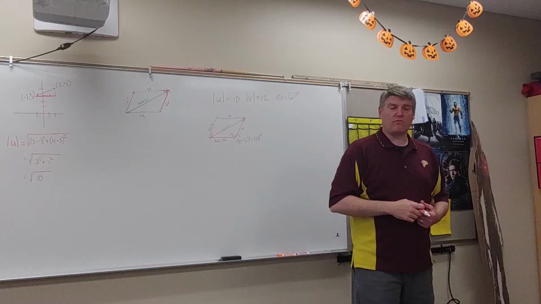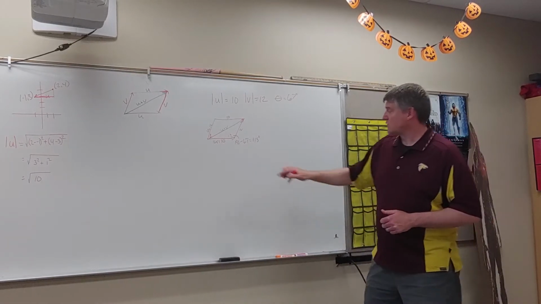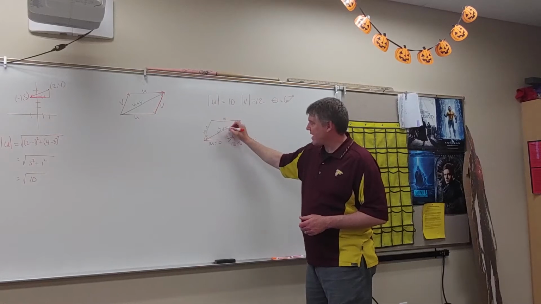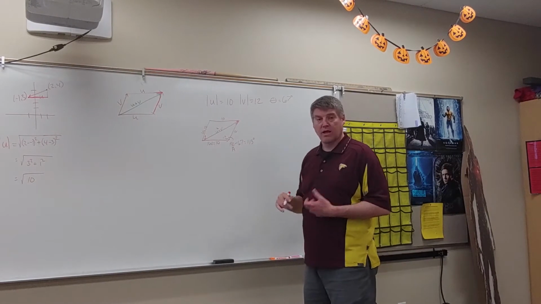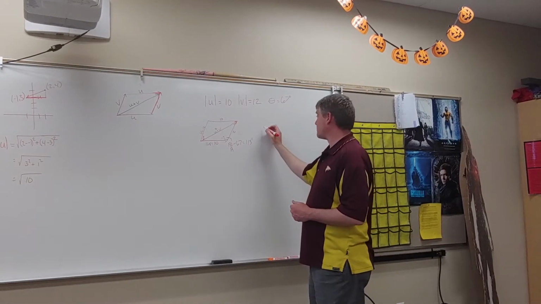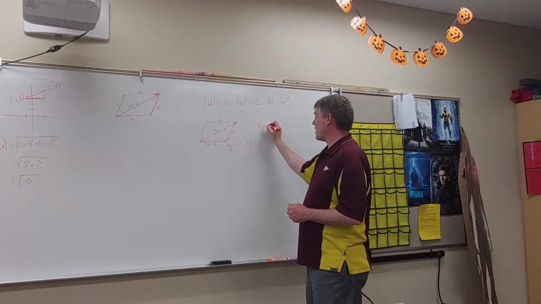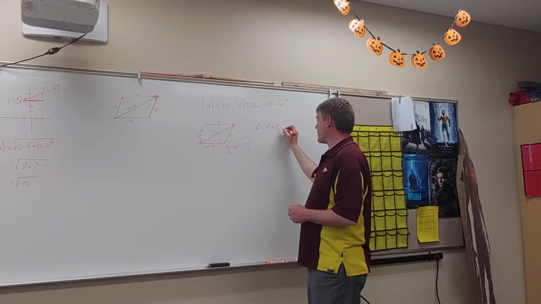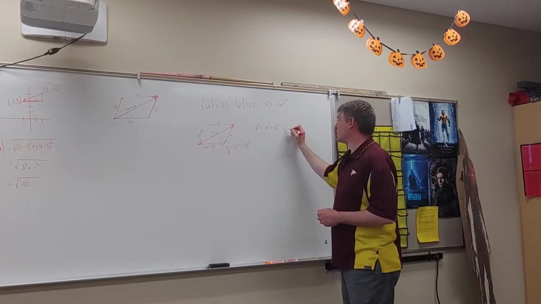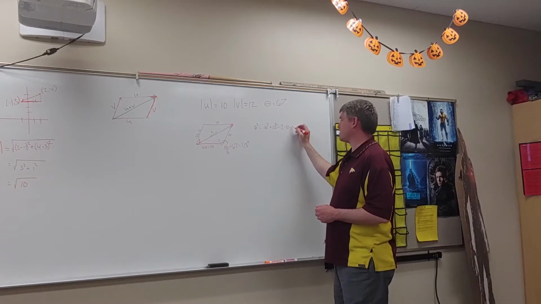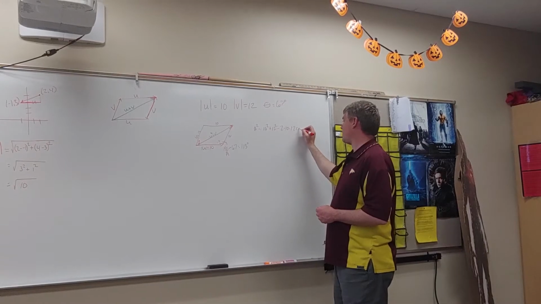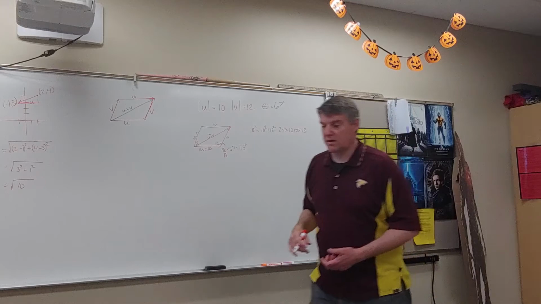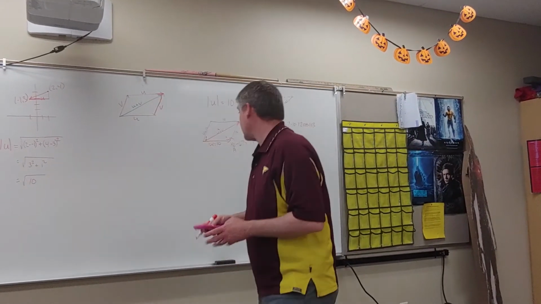Now, if you remember, we worked the law of cosines, so I can find this length here. So this is like little a, and this is big A right here. And so I'm going to use the law of cosines. So I have a squared equals 10 squared plus 12 squared minus 2 times 10 times 12 cosine of 113. And I'm going to plug that into my calculator here.